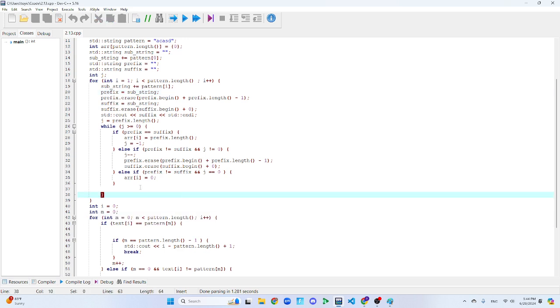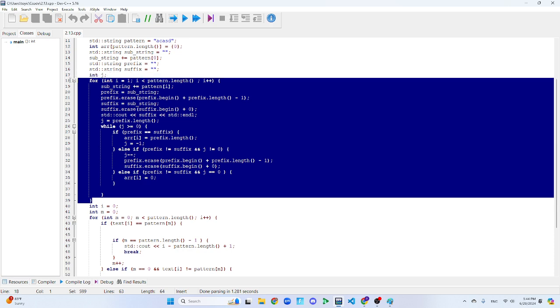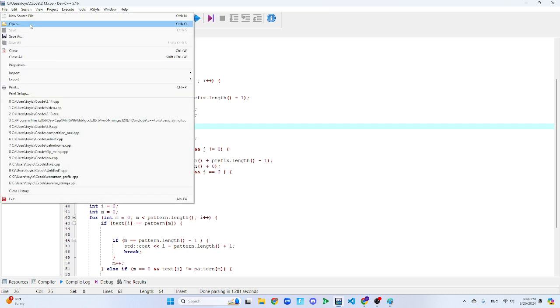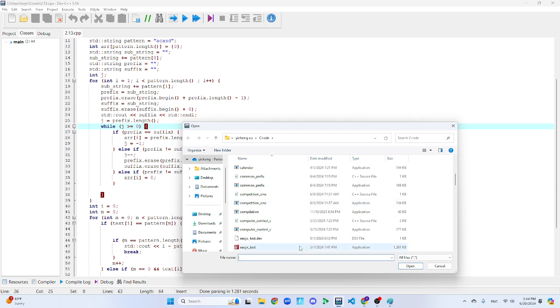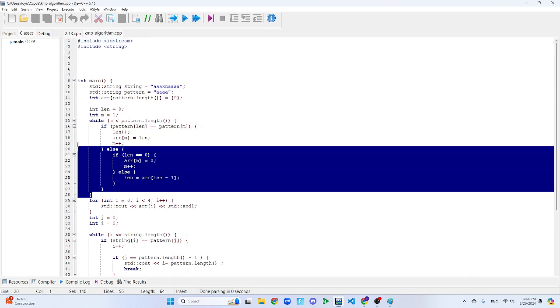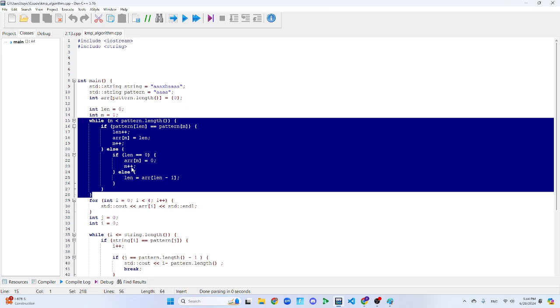But this is actually not the best way to do it, because this is not really a time complexity of n. So I will show you what the time complexity of n looks like. It's done like this one.